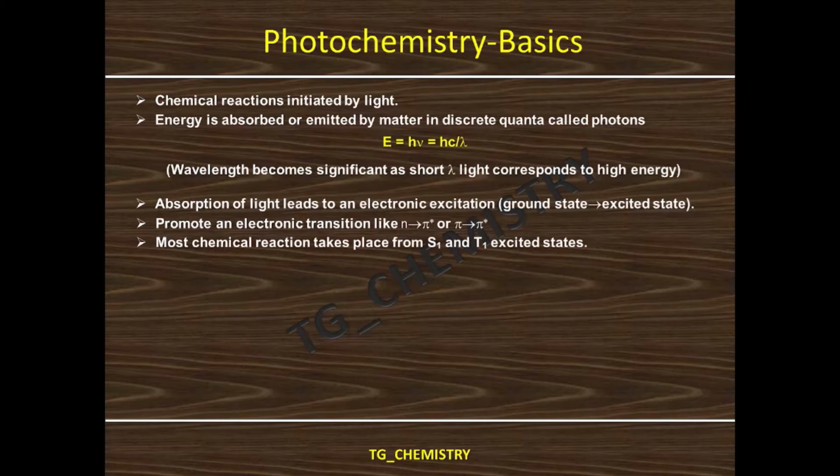This leads to an initial geometry of the excited state, which is usually not the energy minimum. During this excitation the electron spin remains unchanged, and spin inversion during excitation is forbidden, as we know from quantum mechanics, and therefore it is unlikely to happen.